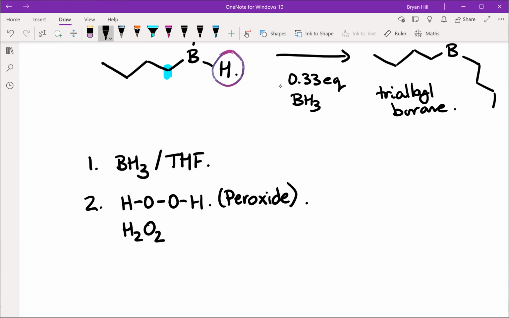And a source of base, so hydroxide. Sometimes potassium hydroxide, sometimes sodium hydroxide, it's basically a base. So the second step involves both of these components.